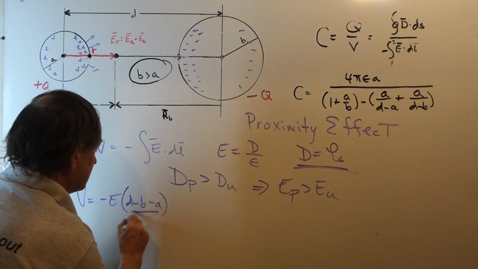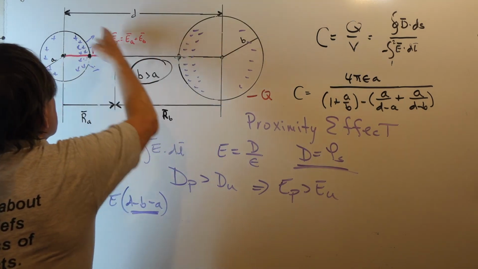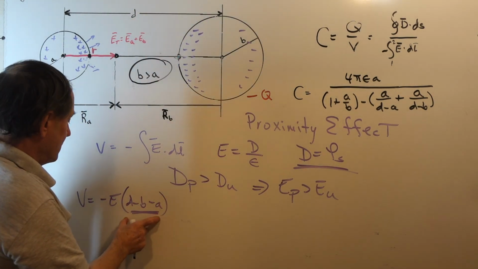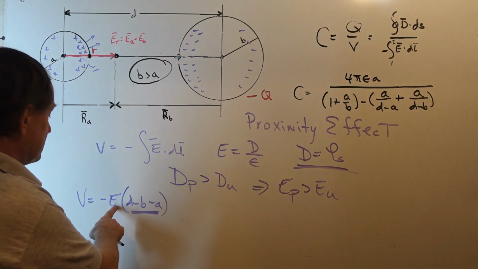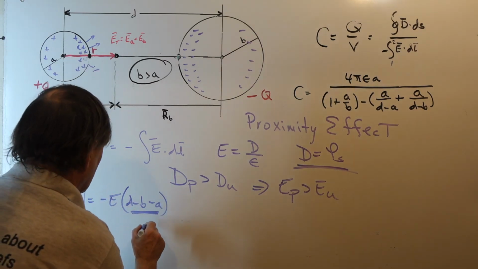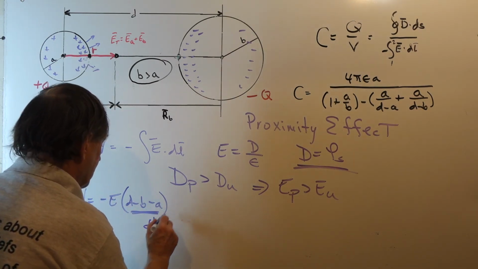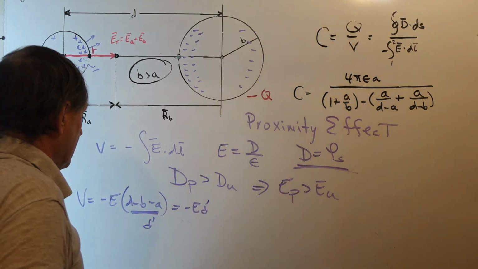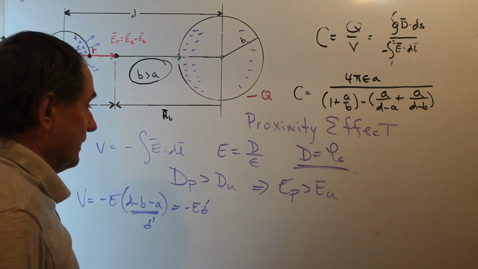And once we bring the spheres to the same separation distance, this doesn't change. So the only thing that's changing is the E field. So I'll call this a d prime. So this becomes minus E d prime. That's our voltage.